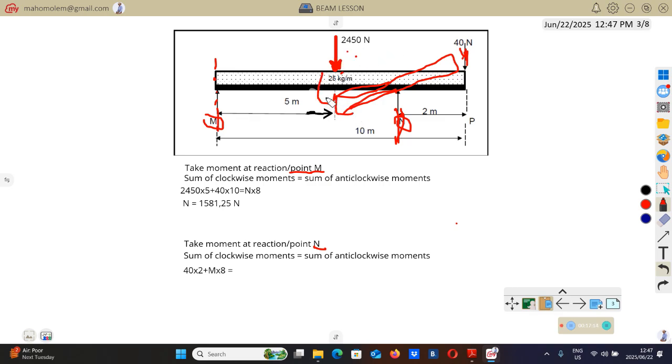Then from here to there, as you can see, it will be an anti-clockwise rotation or bending. So under anti-clockwise, you are going to have only that force.